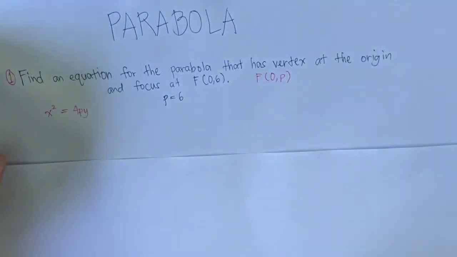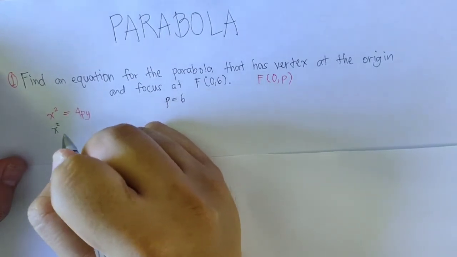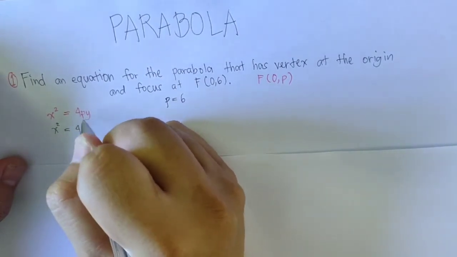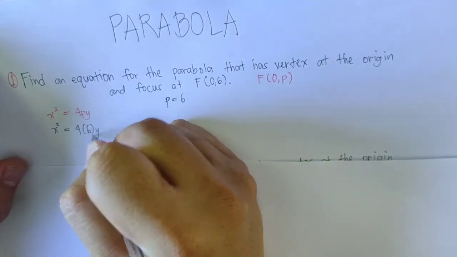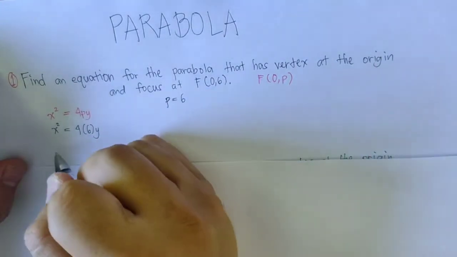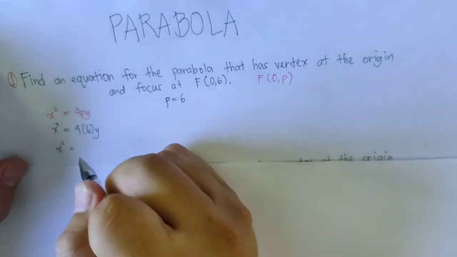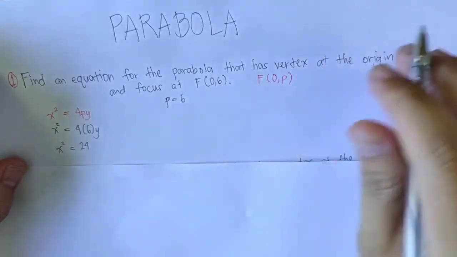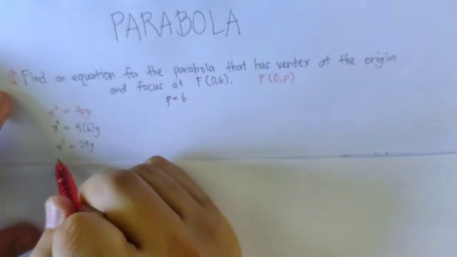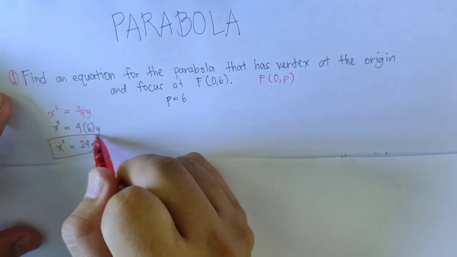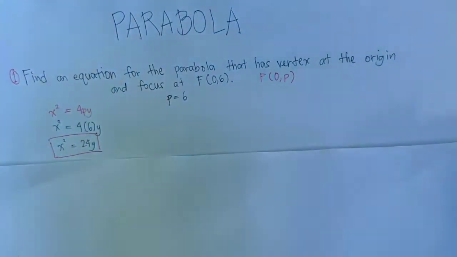Copy lang x squared equals, copy yung 4, yung p natin ay 6, copy yung y. Multiply natin: 4 times 6 is 24. So, ang equation ng parabola natin ay x squared equals 24y. Okay. Next.